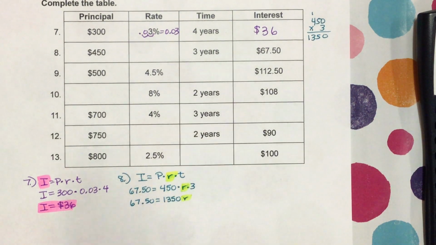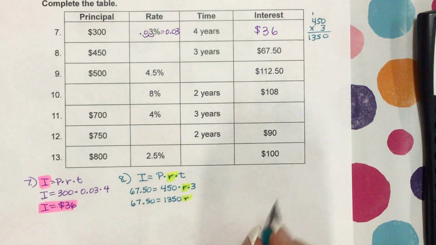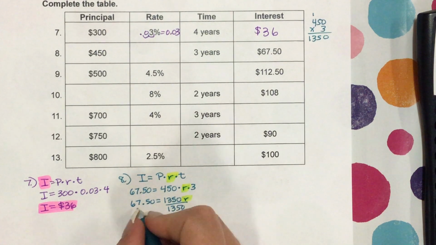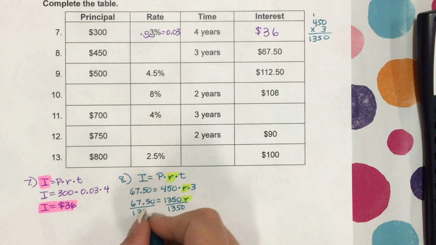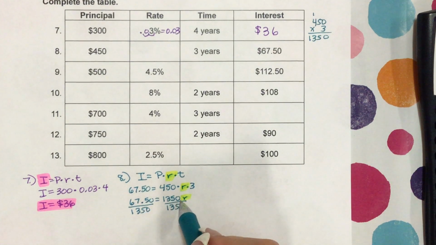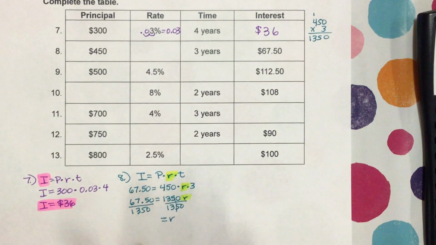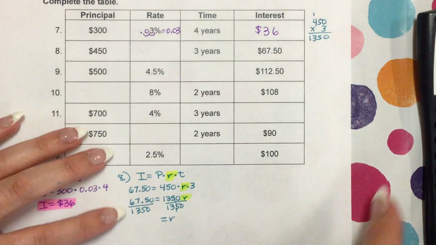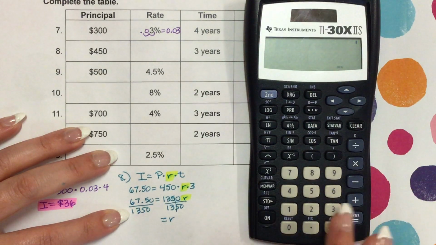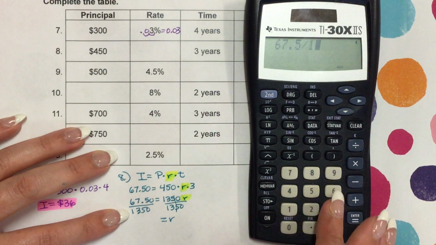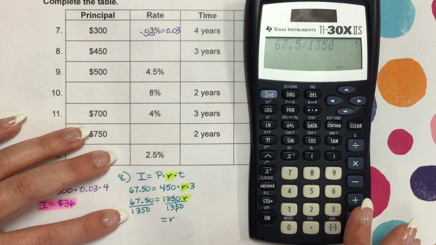I'm still trying to get R by itself. Right now it is not by itself. It is being multiplied by 1,350, so I need to do the inverse operation of multiplication, which would be division. I'm going to divide both sides by 1,350. 1,350 divided by 1,350 ends up being 1. 1 times R is just R, so now we have R by itself. And now I just need to determine, well, what is 67.5 divided by 1,350?